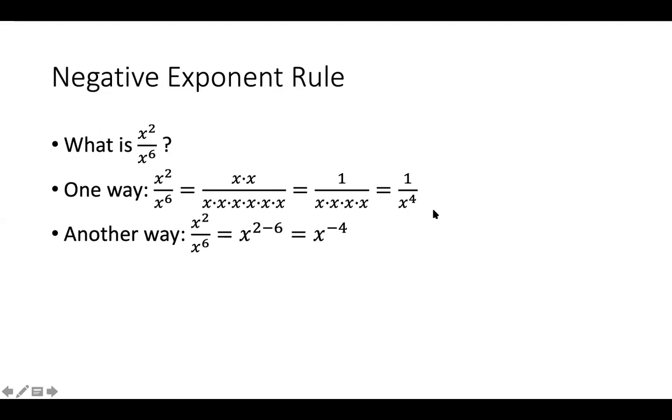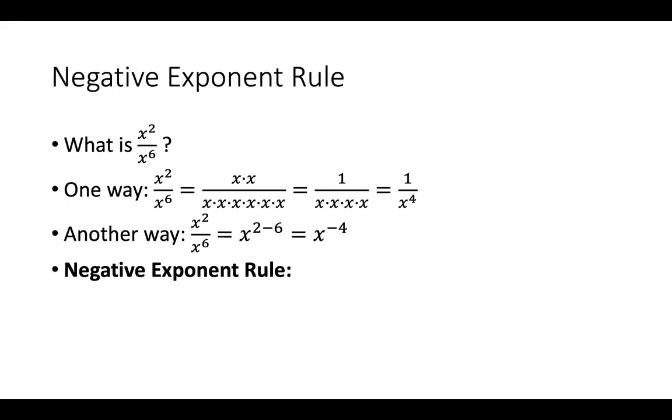Another way is to use the quotient rule, which would tell you that x squared over x to the 6th is x to the power 2 minus 6, which is x to the negative 4. So if you do the problem one way, you get 1 over x to the 4th. If you do it a different way, you get x to the negative 4. Assuming that both of those ways are correct, which they are, that must mean that x to the negative 4 and 1 over x to the 4th are the same thing.